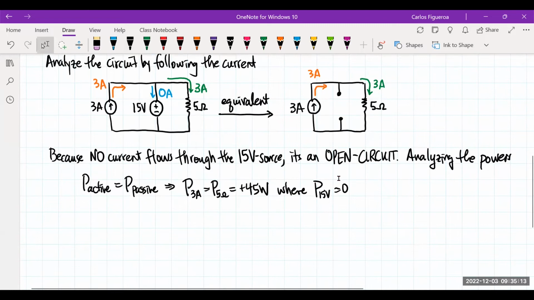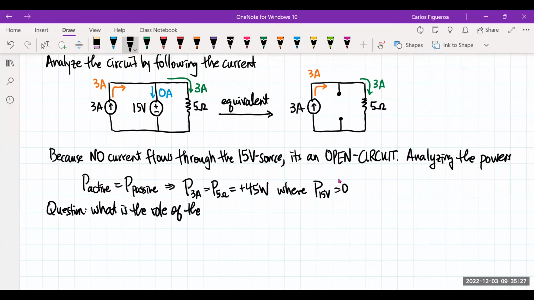So then the question is, what is the role of the 15-volt source? Well, one, it does not supply or absorb any power.